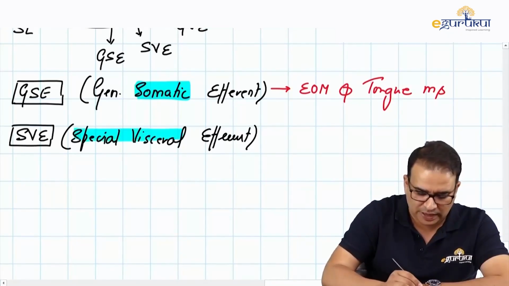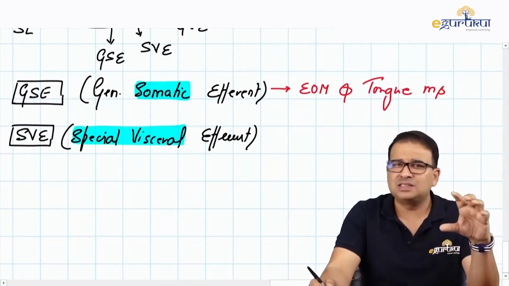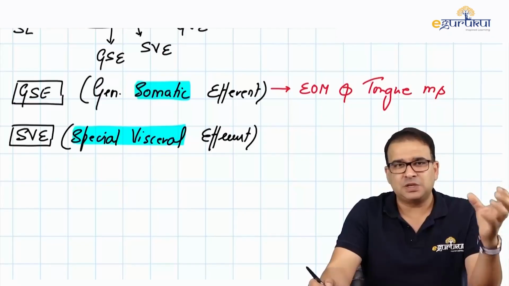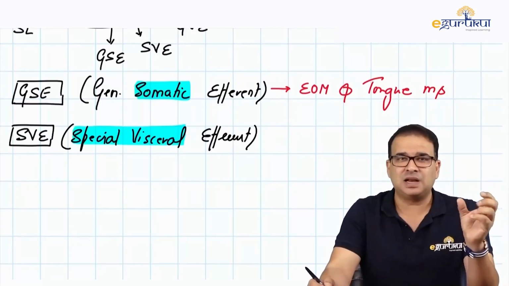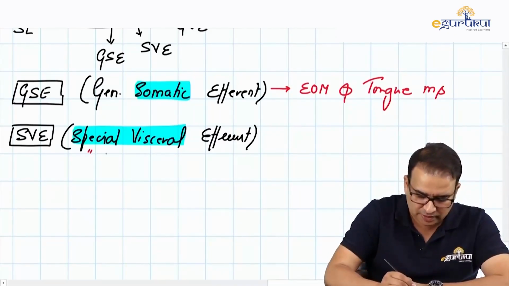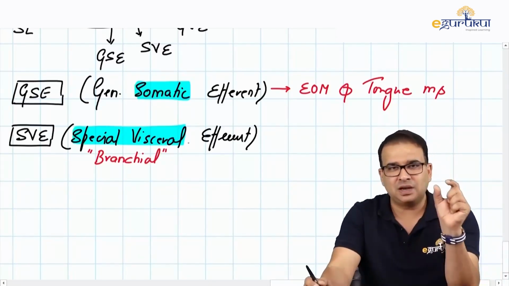The word we need to look at here is special viscera, the specialized viscera. Although many authors say it's a misnomer, you have to remember it. When you say special visceral efferent, the meaning of special viscera is branchial arches or pharyngeal arches. So the word special viscera here can be replaced with branchial if needed. Special viscera is branchial.